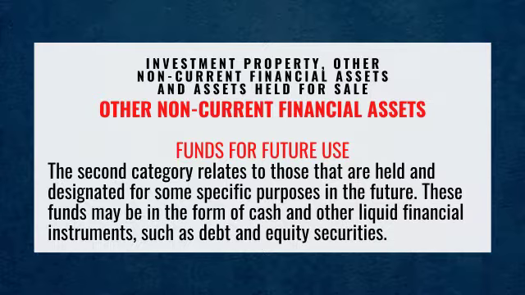The second category relates to those that are held and designated for some specific purposes in the future. These funds may be in the form of cash and other liquid financial instruments such as debt and equity securities.